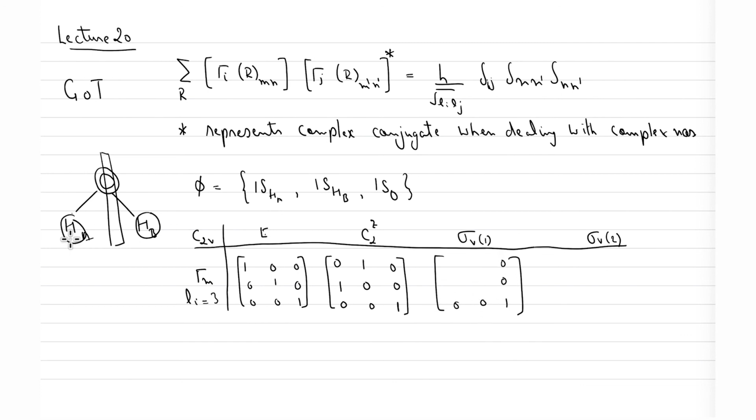Now HA and HB will be reflected into each other, so we'll have 0, 1, 1, 0. Now sigma v2 will be the molecular plane, so everything will remain in its own place. That means this will be like a unit matrix, or the identity matrix, right? 1 0 0, 0 1 0, 0 0 1.